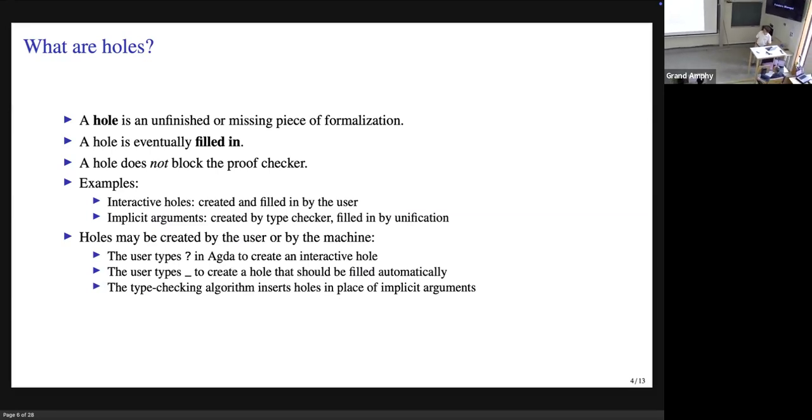I already mentioned that holes can be created by the user or by the machine. Let's look at this. In Agda, what's the difference if you type a question mark or an underscore? Both of them are going to be a hole. Well, the difference is that if it's a question mark, you're telling Agda, I will tell you how to fill the hole. But if it's an underscore, you're telling Agda, you do it.